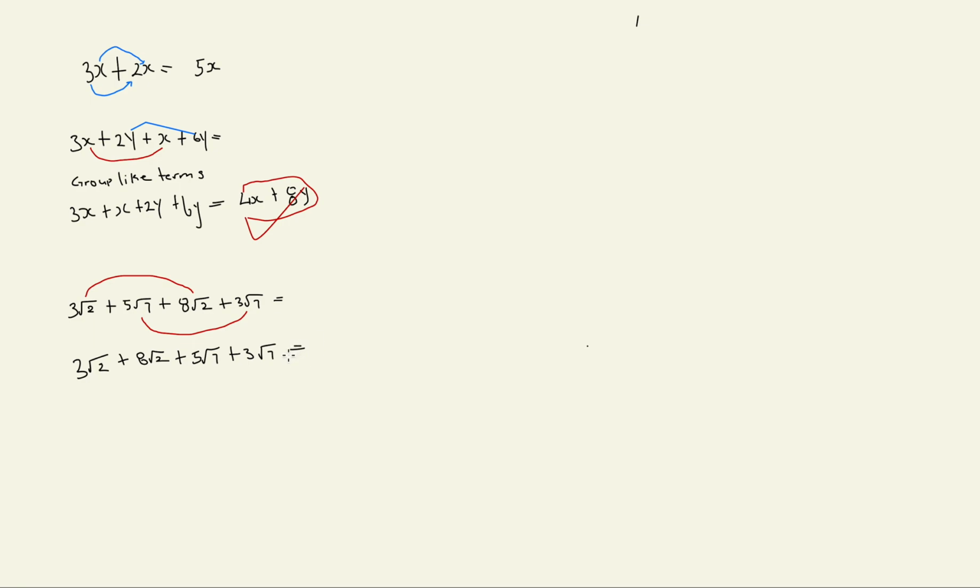Now that all the like terms are grouped, we just add them. 3 plus 8, that is 11 radical 2, plus 5 plus 3, that's 8 radical 7. And this is your answer.